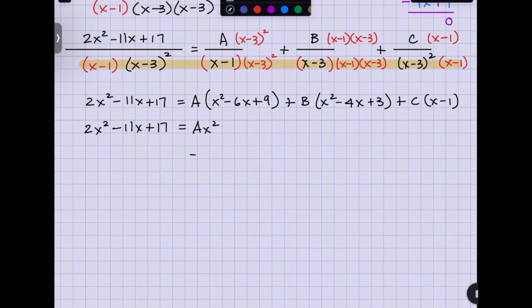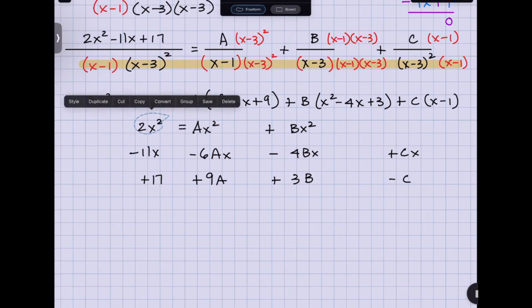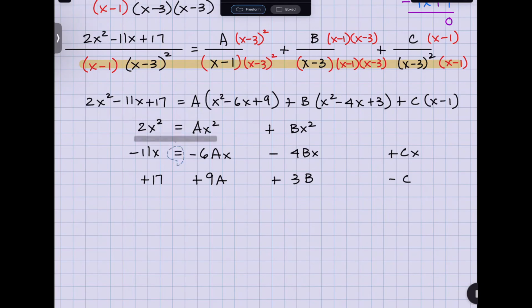Let's do that. Y'all see what I did here?